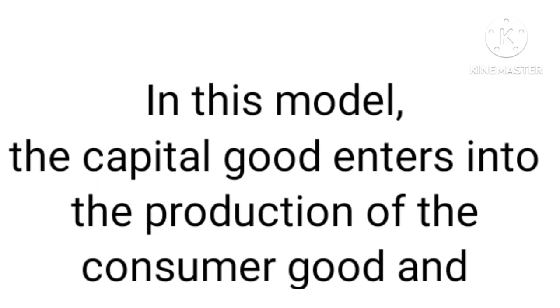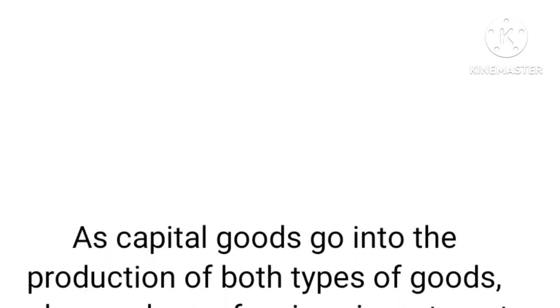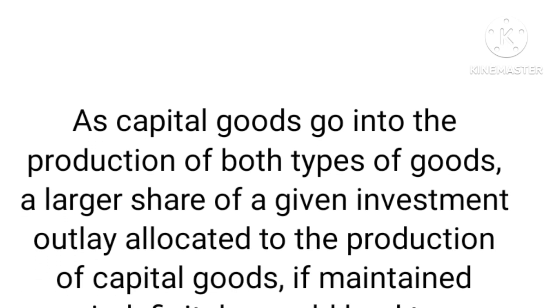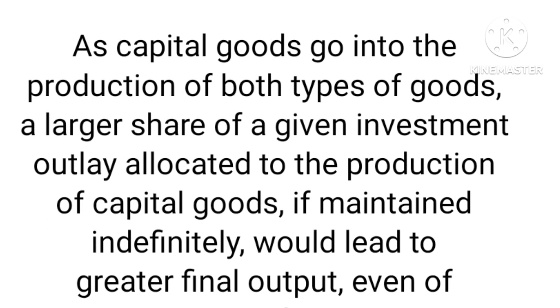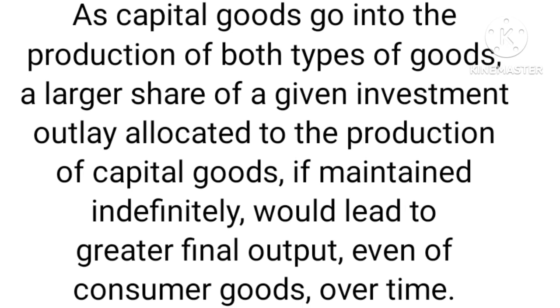In this model, the capital goods enter into the production of the consumer good and capital good both. As capital goods go into the production of both types of goods, a larger share of given investment outlay allocated to the production of capital goods, if maintained indefinitely, would lead to greater final output even of consumer goods over time.